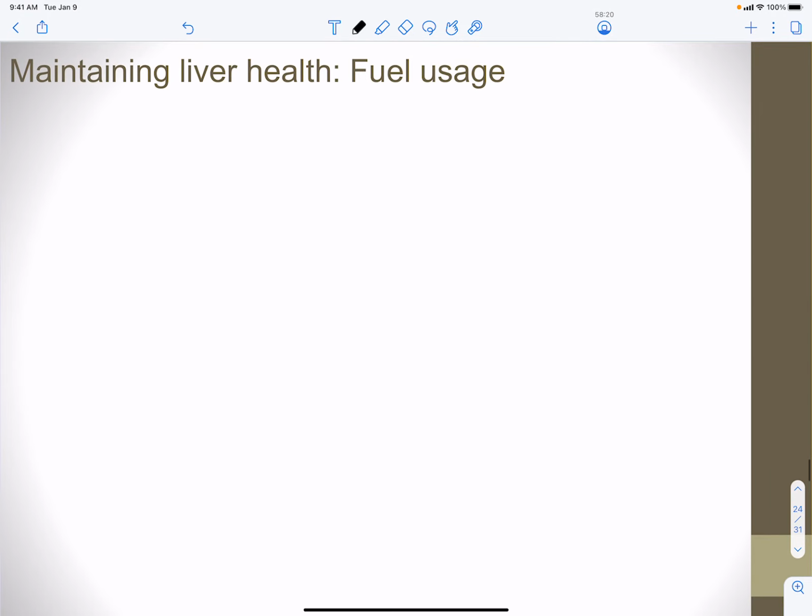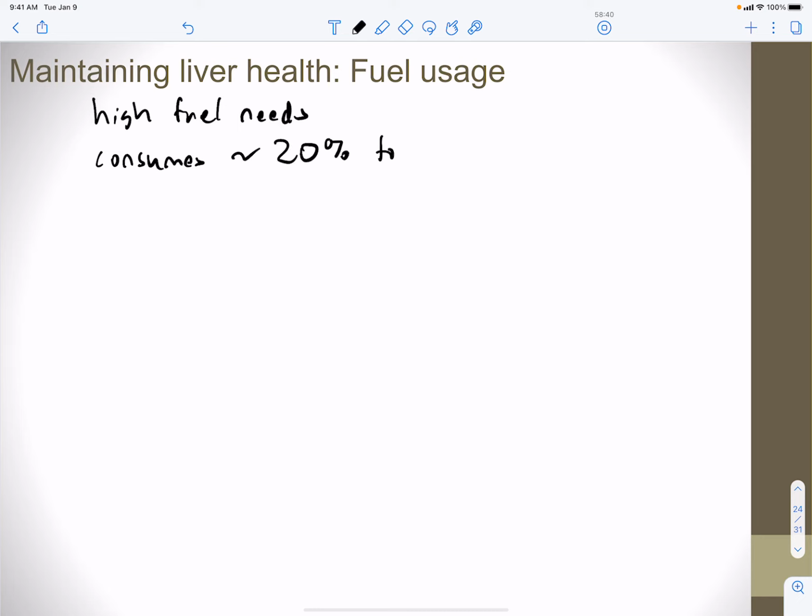So we talked a lot about fuels used for the liver. The liver is going to need a lot of energy, so it has high fuel needs. And so it's going to consume about 20% of the total oxygen used by the body. And so, as we know, after eating a mixed meal where you have carbs, your major fuels used by the liver are going to be glucose, galactose, and fructose.